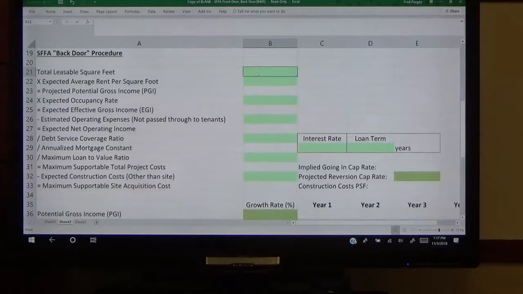In this case, I'm going to put all the inputs in. So 10,000, 1,750. Occupancy of 85%. Estimated operating expenses not passed through. 1.3 for the debt service coverage ratio.